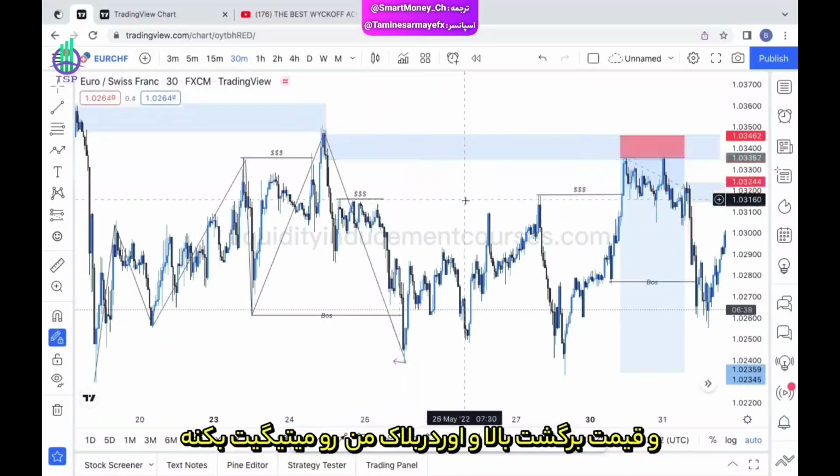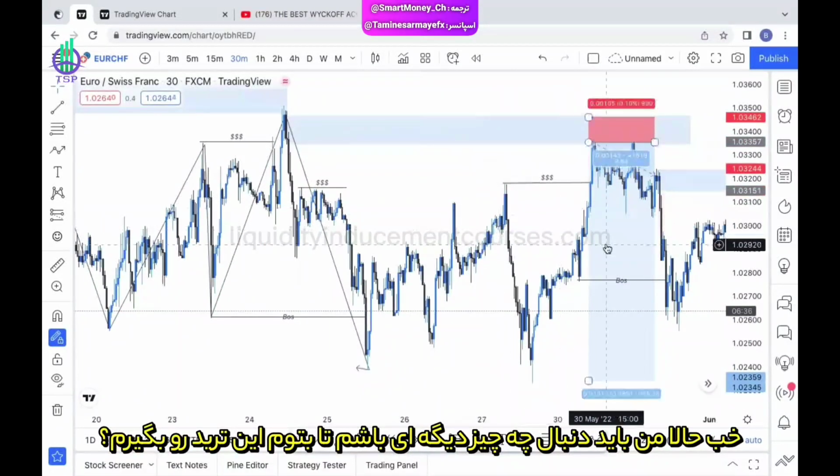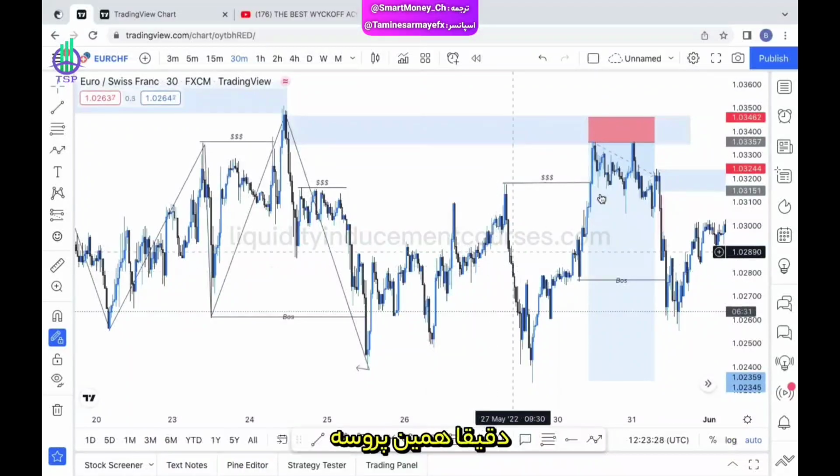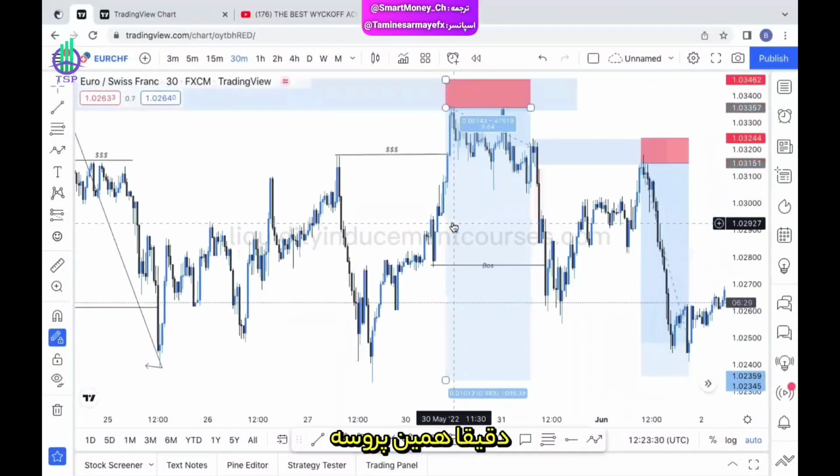Now, what else will I be looking for to take a re-entry on this trade? The exact same process.